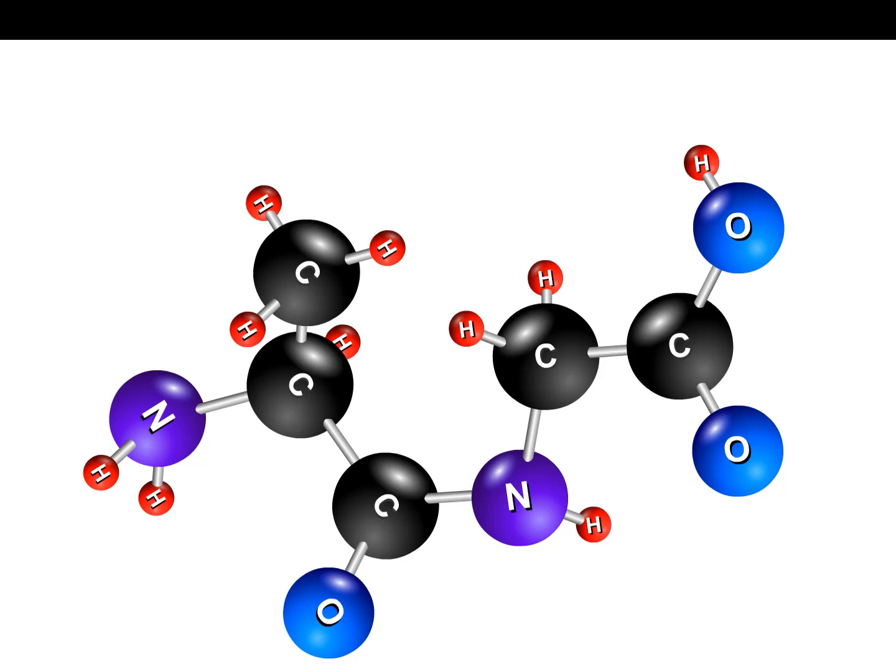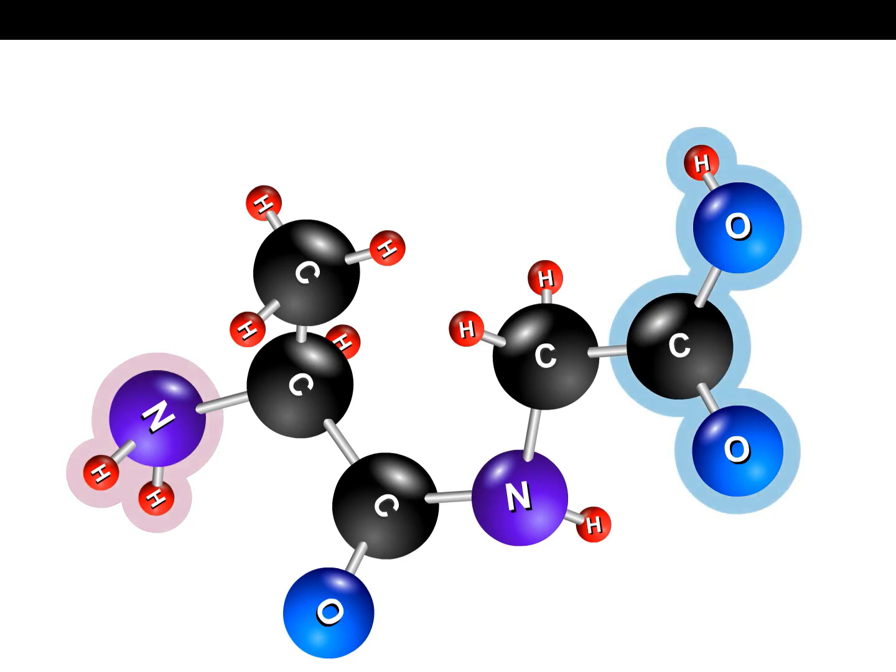Note that dipeptides and bigger peptides preserve the amino NH2 group at one end and the carboxyl COOH group at the other. In biochemistry, those tails are often called the N-terminal, which is at the amino end of the amino acid, and the C-terminal, which is at the carboxyl end of the amino acid.